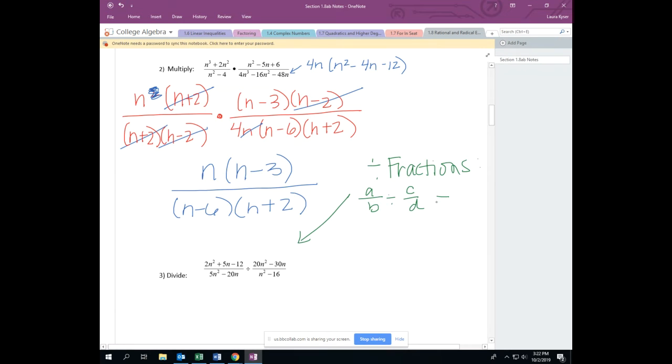You're actually multiplying by the reciprocal of the second fraction, which means this expression can be rewritten as a over b times d over c.